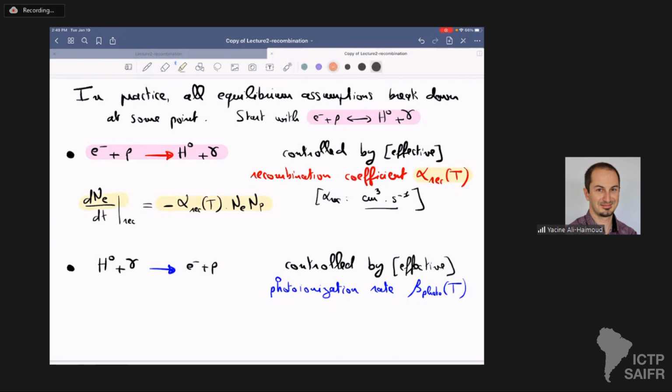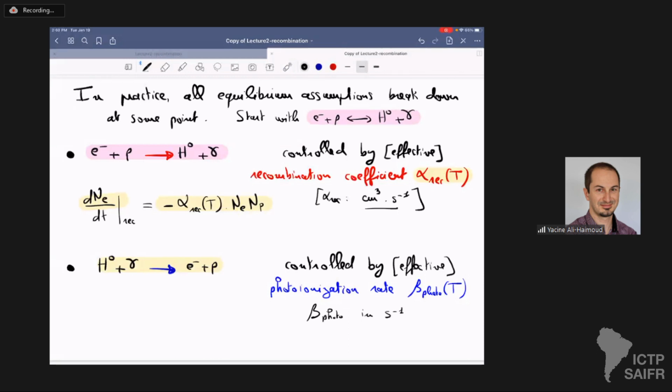Now let's look at the reaction moving the other way. How do neutral hydrogen atoms get photoionized by photons? This is controlled by some other coefficient, this beta photoionization. And so this beta photoionization has units of inverse seconds.